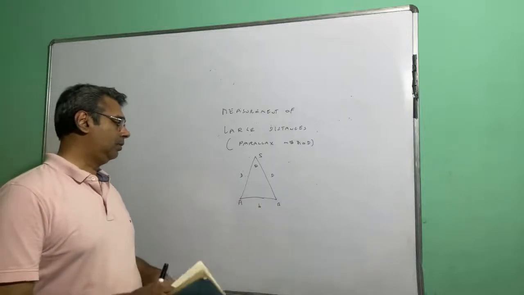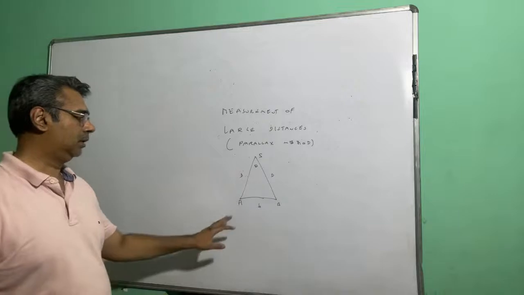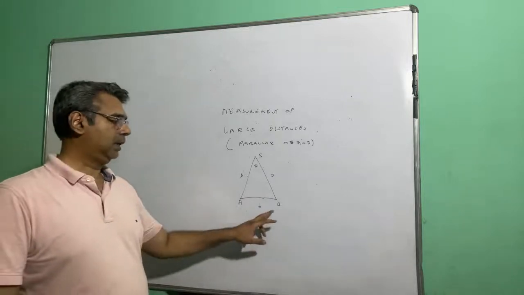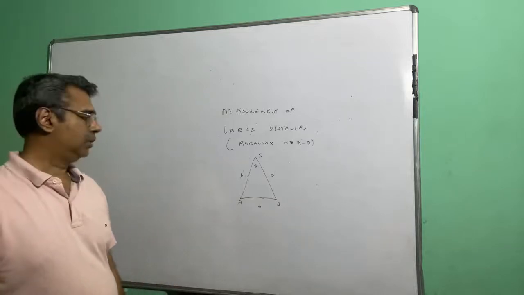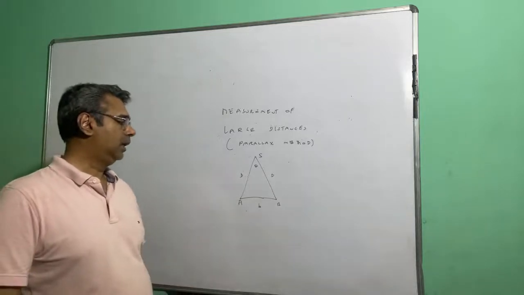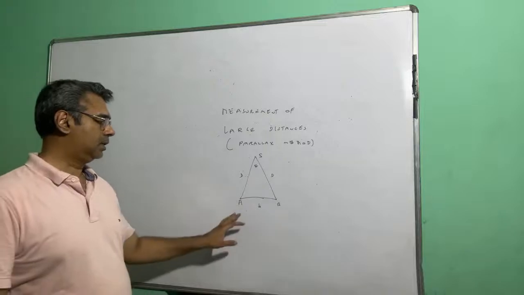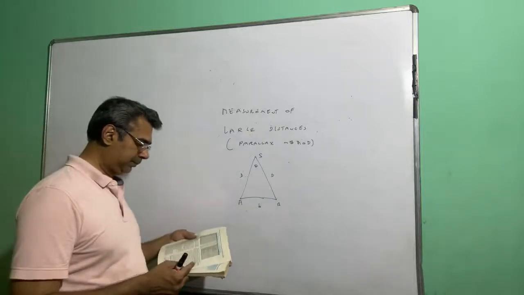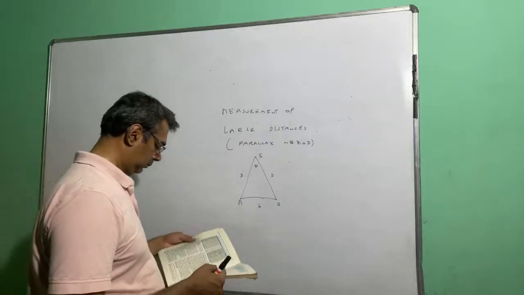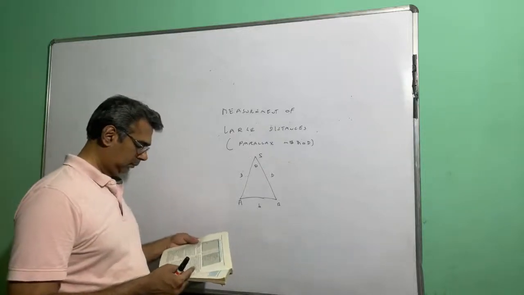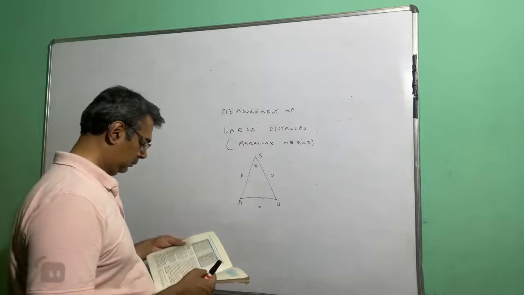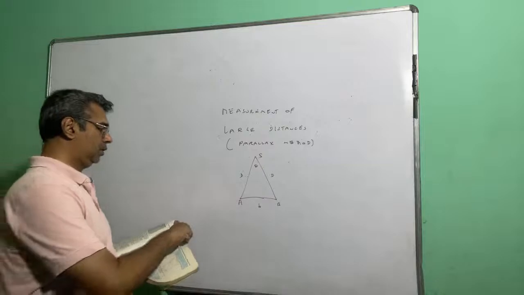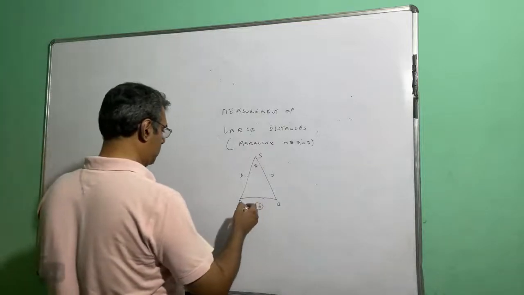So what I will do is I will take two positions on the Earth. The first is capital A and the second is capital B. The distance between these two positions is small b.